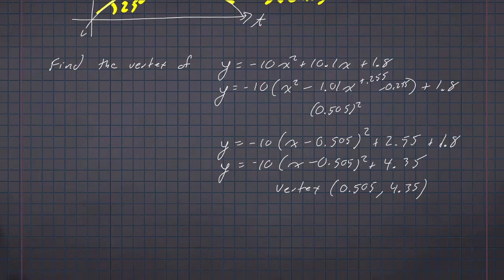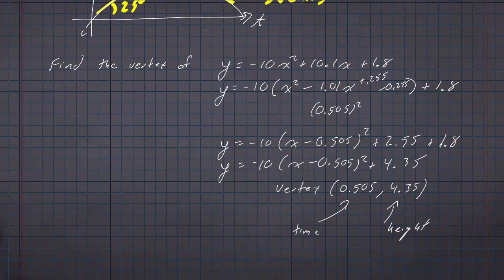Taking the place of the x coordinate in my original function was this idea of the time, and taking the place of the y coordinate in the original situation was the height.